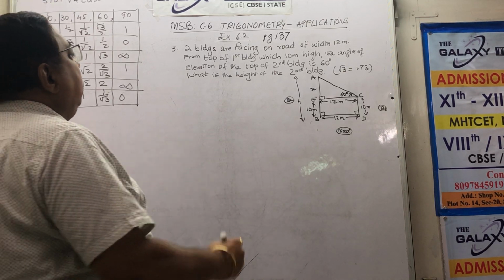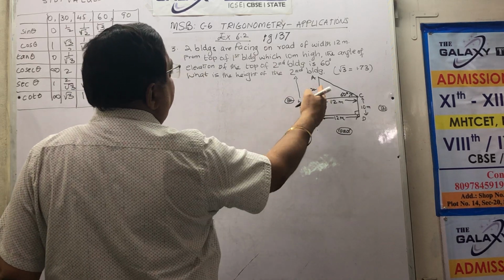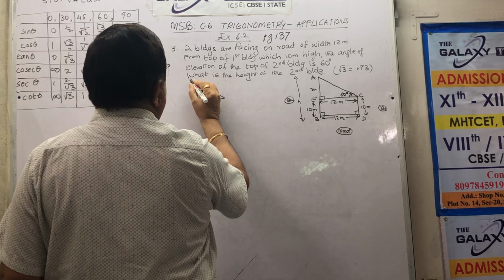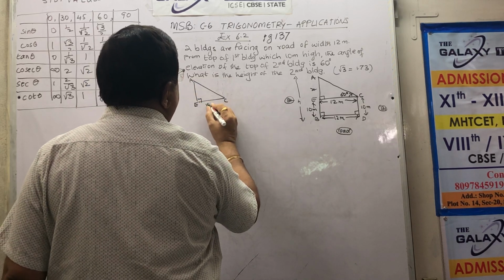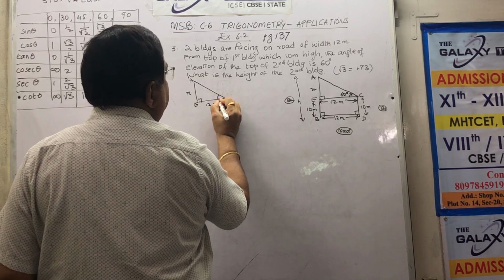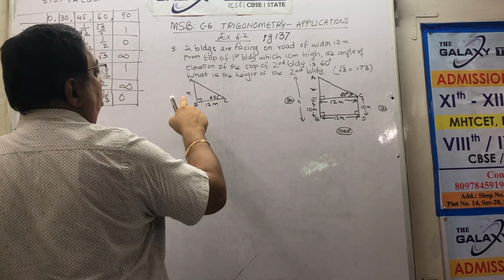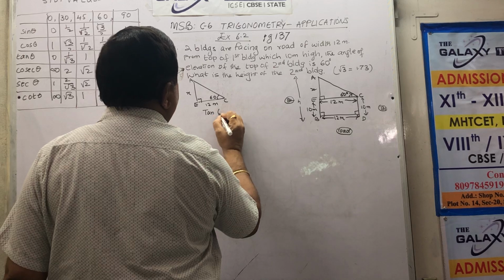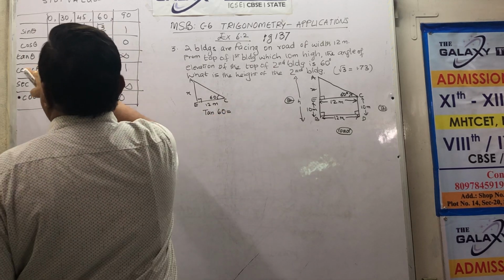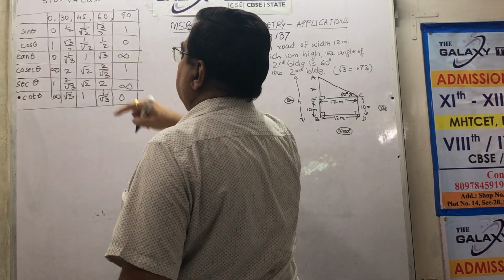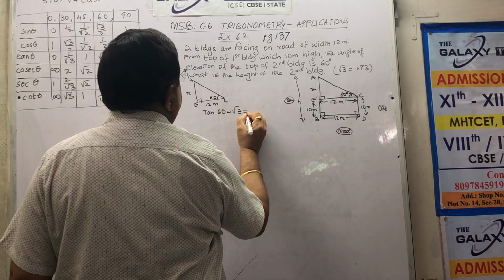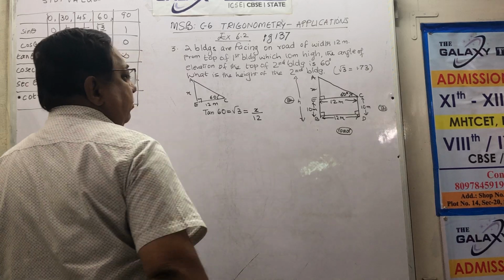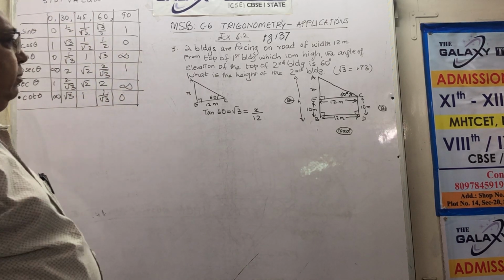Nothing great. So first, in triangle AEC, go for the first triangle AEC: 12 meters, X and 60 degrees. What should we use? Opposite, adjacent, tan. Tan 60 is equal to root 3, opposite upon adjacent, just like last time.